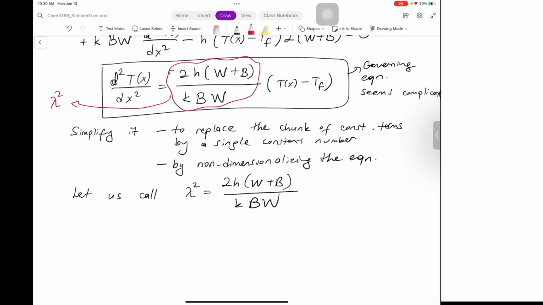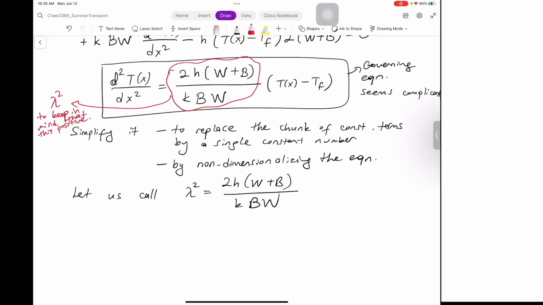And the reason why I used lambda squared instead of lambda is basically I don't want to forget about the fact that that constant is a positive number. That's very important to keep in mind, that this is positive. If I call it lambda, maybe I will forget about whether it's negative or positive.